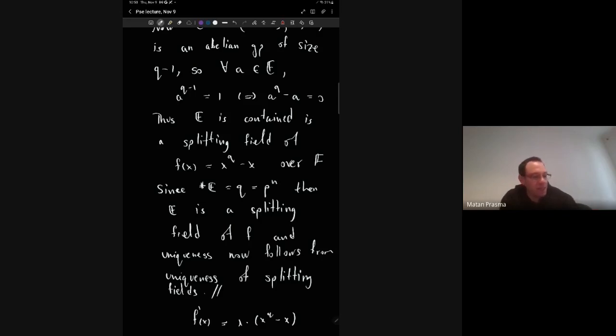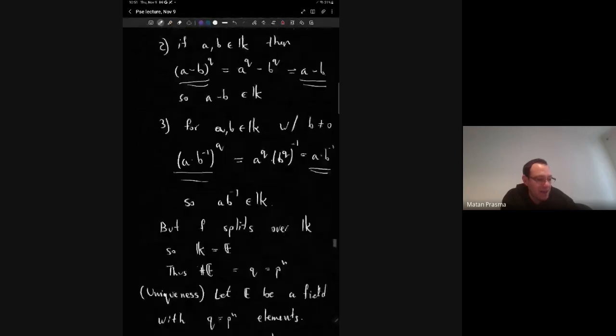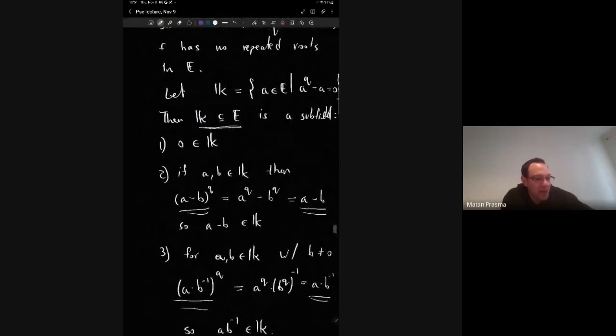And what this proof shows is that, in fact, every field of p to the n elements has to be this splitting field, because in any field of q to the n elements, I have a to the q minus a equals 0 for every a.